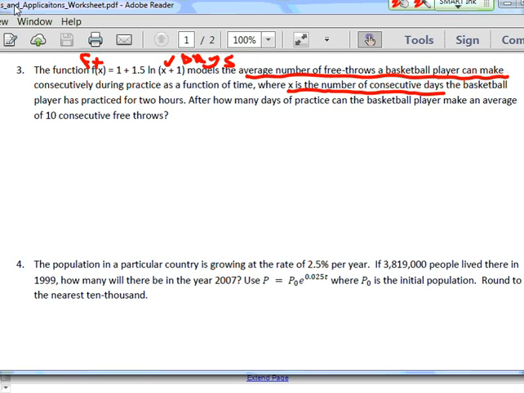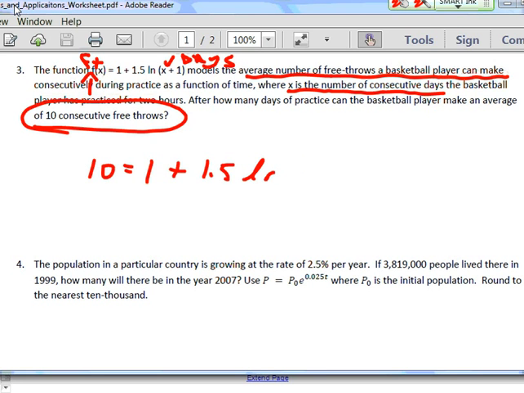And x, I told you that before. So now, 10 consecutive free throws. Where do I put the 10? At the very front. So it goes right there. So I go 10 equals 1 plus 1.5 ln of (x plus 1).